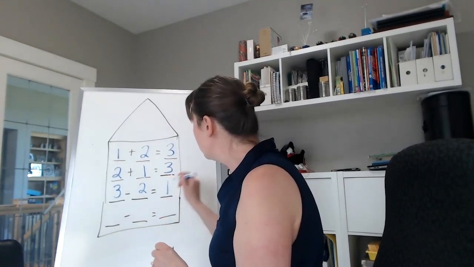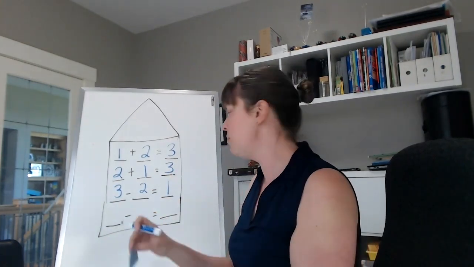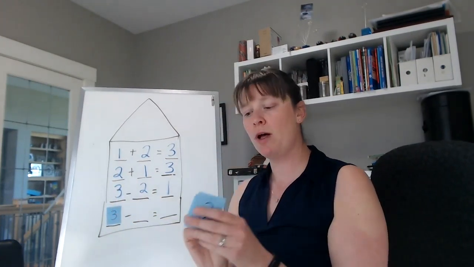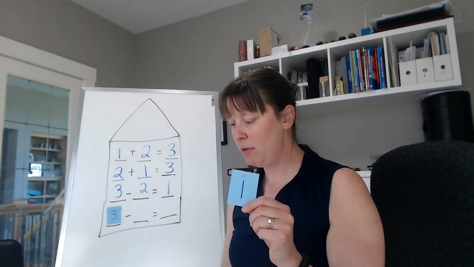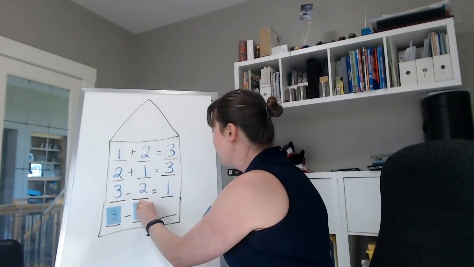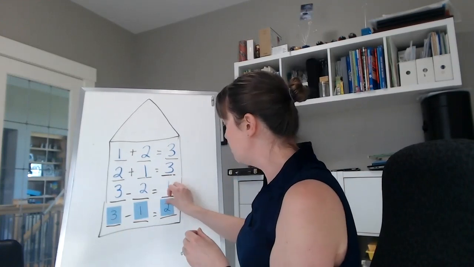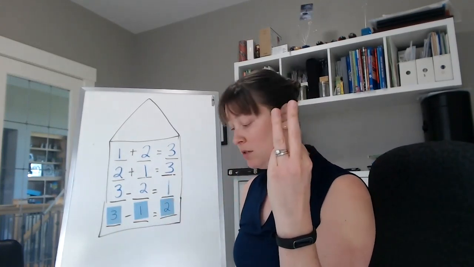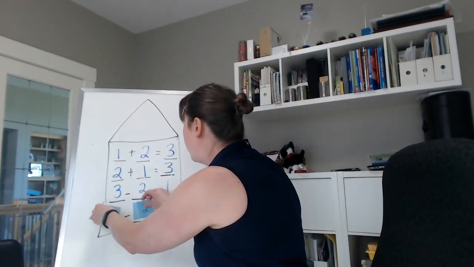And then subtraction, we always start with the biggest number. So I'm going to put my 3 there again. And this time I can swap these guys. So instead of 3 minus 2, I might put 3 minus 1 equals 2. Let's make sure that works. 3 minus 1 equals 2. Perfect. And I can write that down.